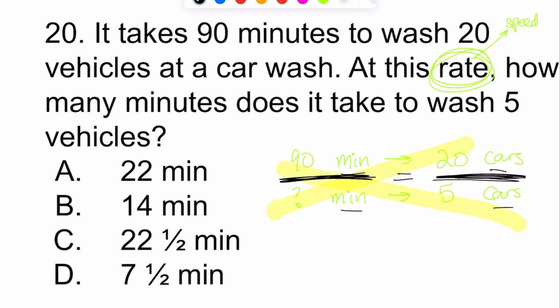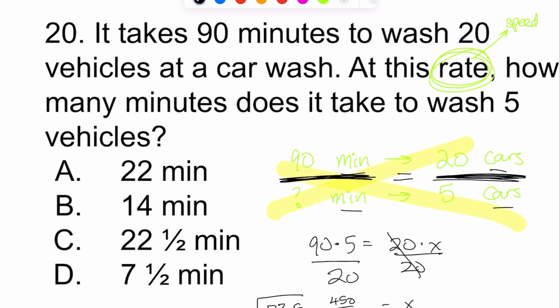Here, what happens is you have 90 times 5 is equal to 20 times x. You could divide both sides by 20 to solve for x. And when you do this, you get 450 divided by 20, or 22.5. And that's choice C.